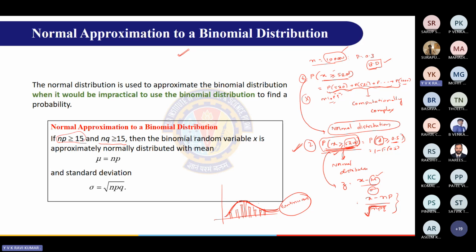That means if you do computations by taking the binomial as it is, versus taking a normal instead of the binomial distribution, there won't be much difference between the outputs. Very little difference, very minute. They observed this only when these situations are met.